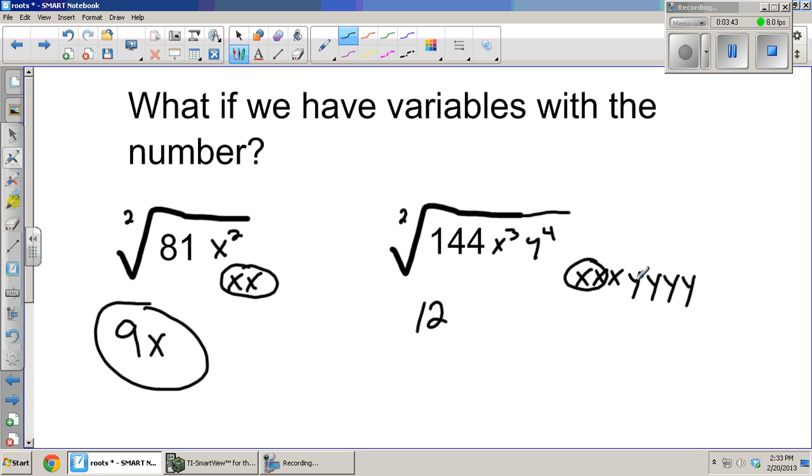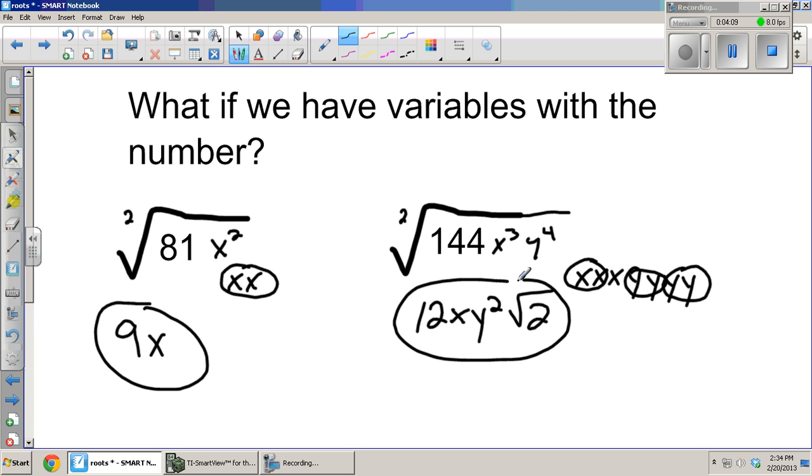Here's 2 x's. Here's 2 y's. And here's 2 more y's. So I have one group of x's, so I can pull out 1 x. But I have 2 groups of y, so that means I can pull out y squared. See this x right here that's left over? That means it would be left inside of this square root sign. So I would still have the square root of x left inside. That would be our final answer.